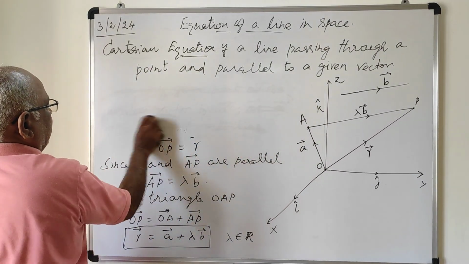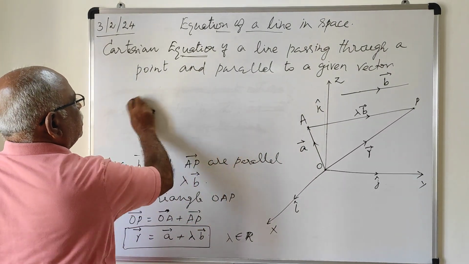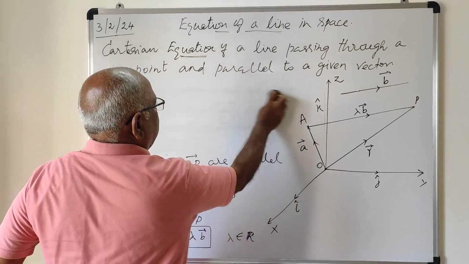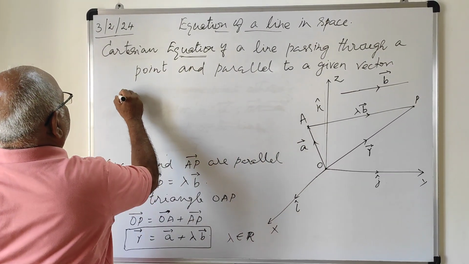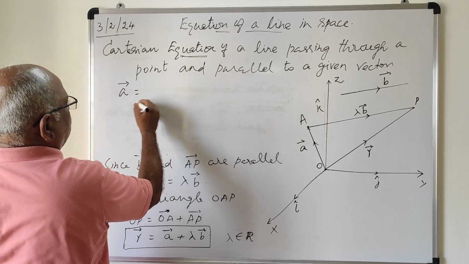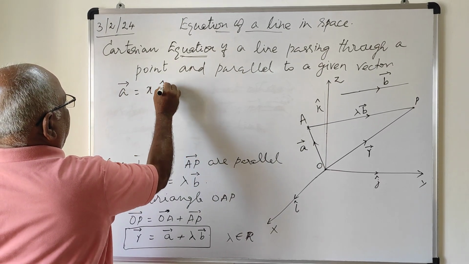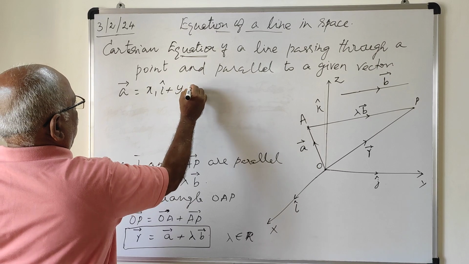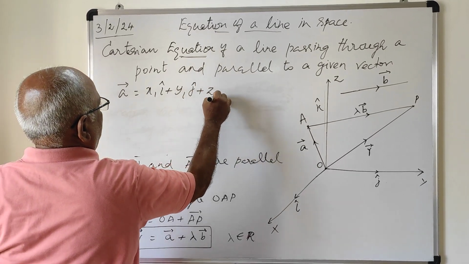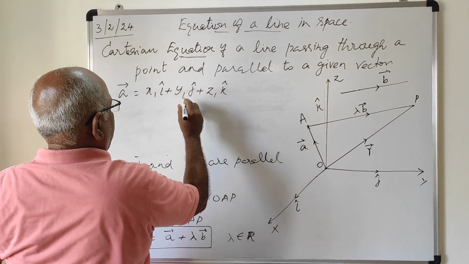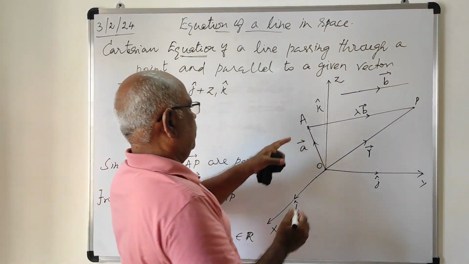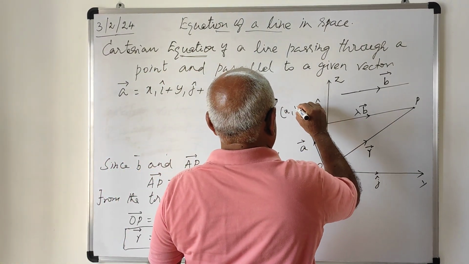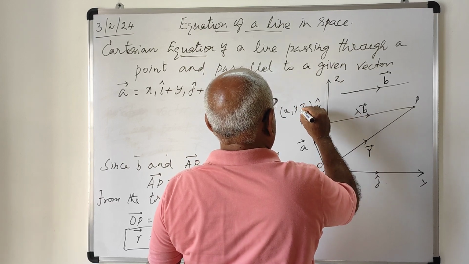The line passes through point A, given by vector a, which is x1 i plus y1 j plus z1 k, because the point A is given by x1, y1, z1.